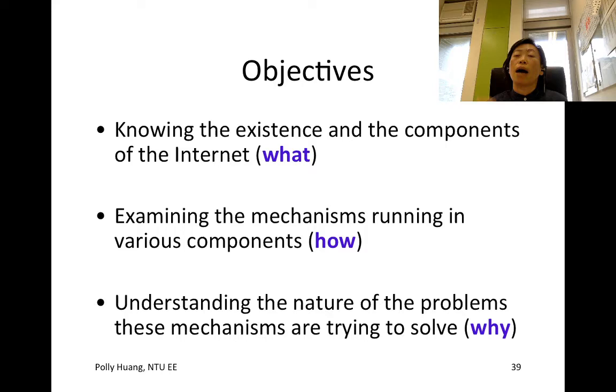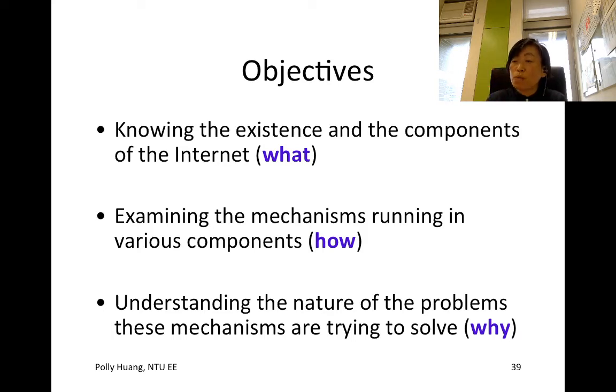Objectives. Now, I'm expecting you to learn not only the hardware components that's forming the internet, the terms referring to these components. What I'm going to be teaching as well is that you learn the mechanisms that are communicating these components. And it's usually not going to be just one mechanism to allow these components to interact.